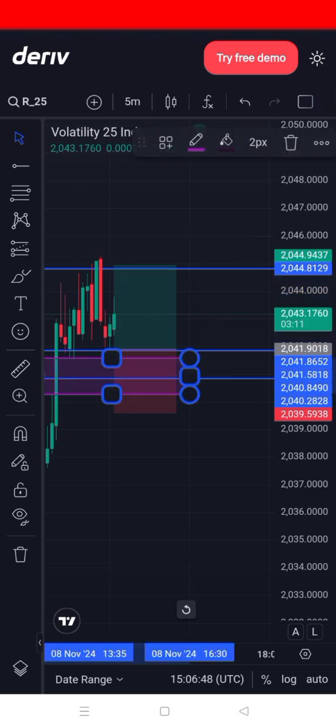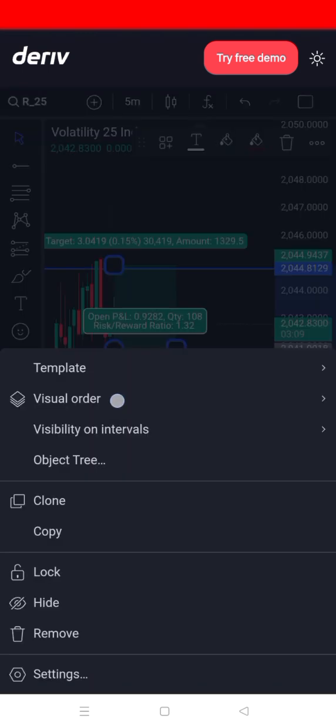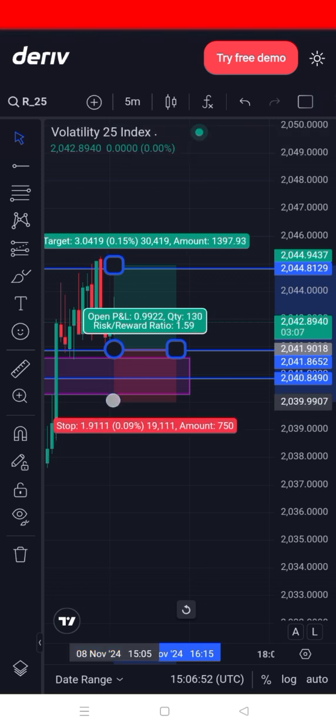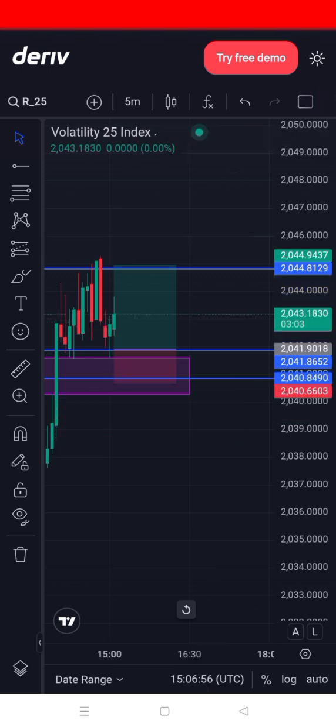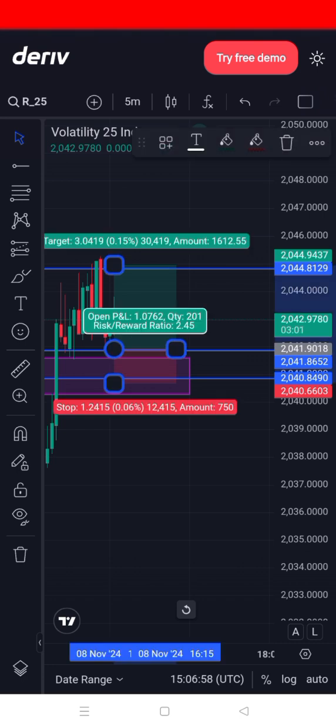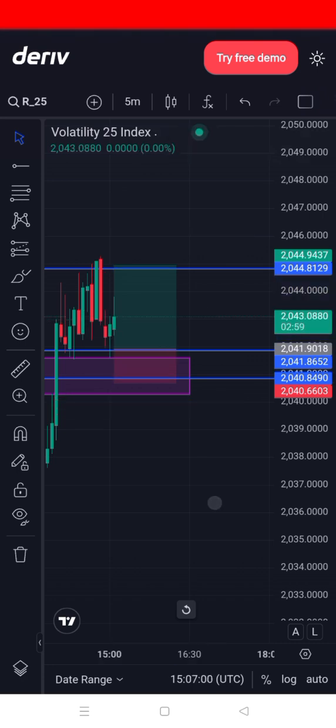Because already we can see that on the 5 minutes we are moving up. So you can see I've adjusted that. I first adjusted it to the 5 minutes, and then I adjusted my stop loss to that area, because I know if the market tries to retrace back, it will still sweep that, fill that inefficiency and move in the up direction.